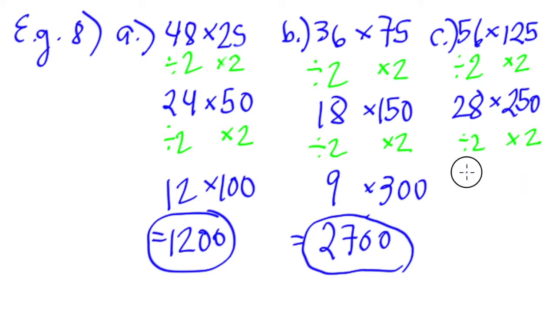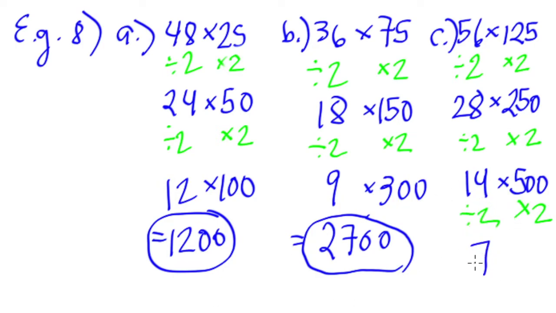What we have is 14 times 500. So what will be our answer? 14 times 500 is pretty easy, but actually we can still apply doubling and halving. 500 is okay, but 1000 is better. So this becomes 7, this becomes 1000, and of course, this will give us 7,000. And this is our answer for letter C of number 8.